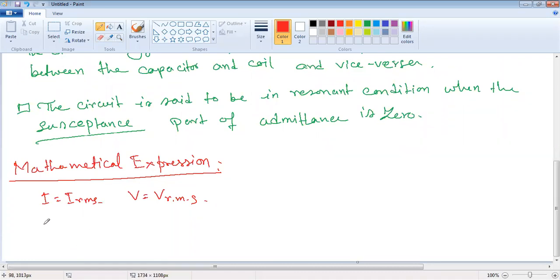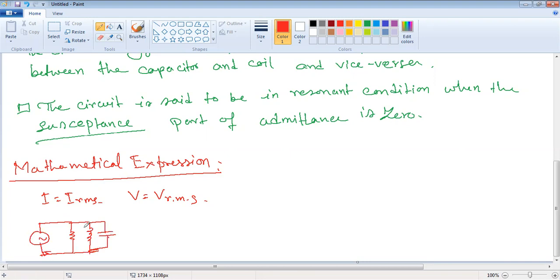Just remember the circuit. This is resistance, this is inductance, and this is capacitance. And this is the source.